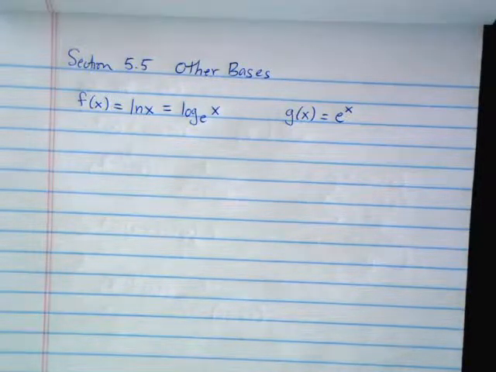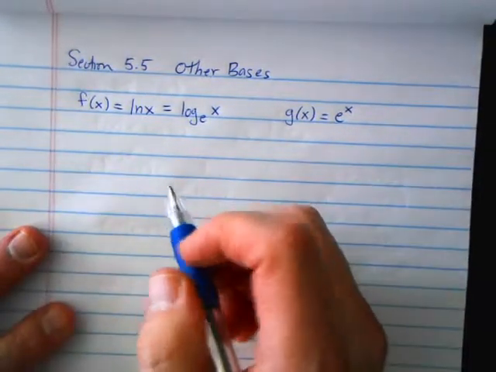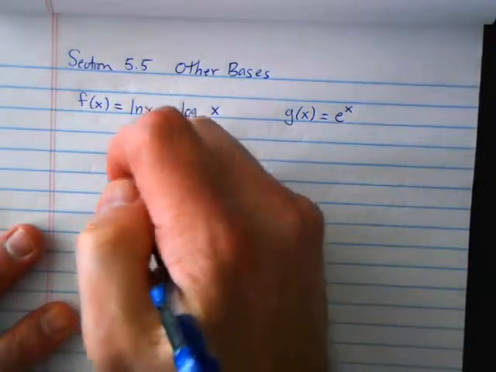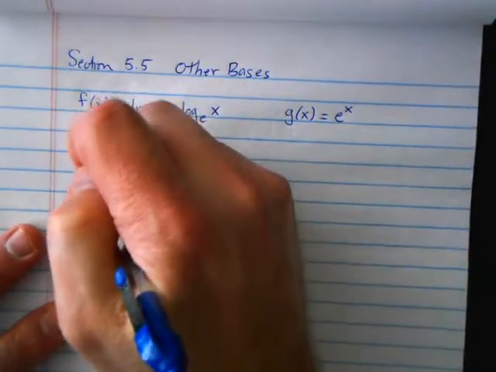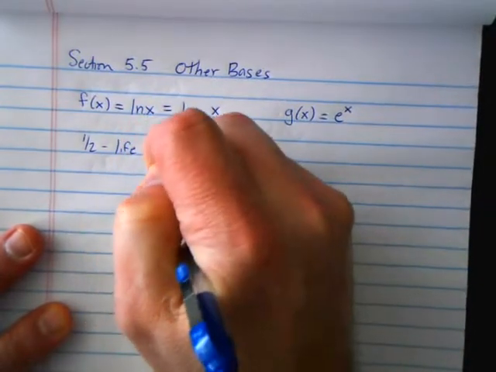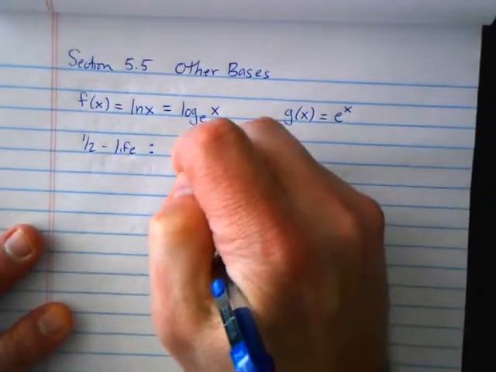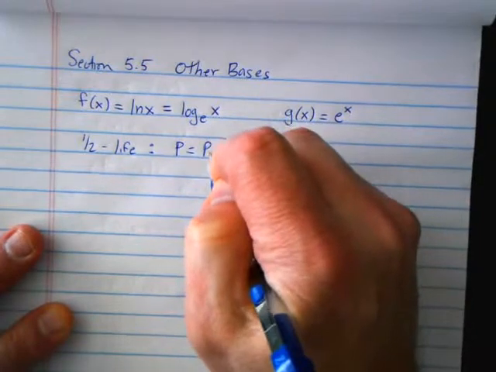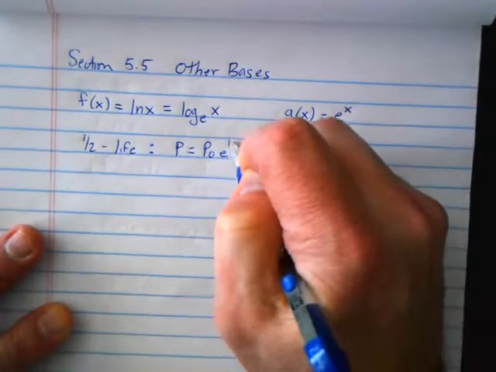Any other useful bases? Base 1/2 is actually a useful one. For example, in one of the labs that we've been working on, we've been using half-life. And we've used the function P equals P0 e to the kt.